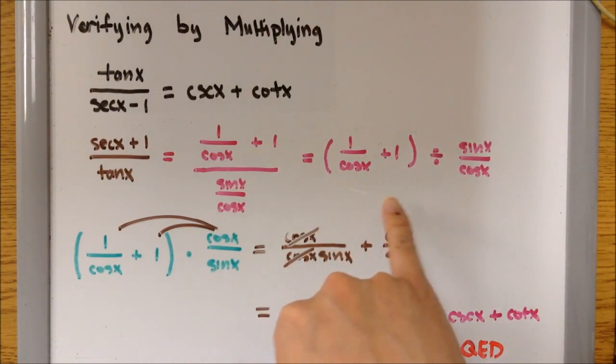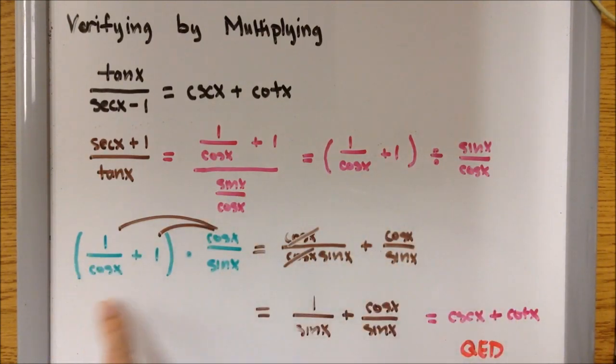Next, we wrote it as a division of fractions, then changed it to a multiplication of fractions, where we had this, and then analyzing it carefully, the first fraction we can simplify by dividing a common factor, which is cosine of x, and then after that, we applied the reciprocal identity in the first fraction, and the quotient identity in the second fraction, where we got cosecant of x plus cotangent of x.